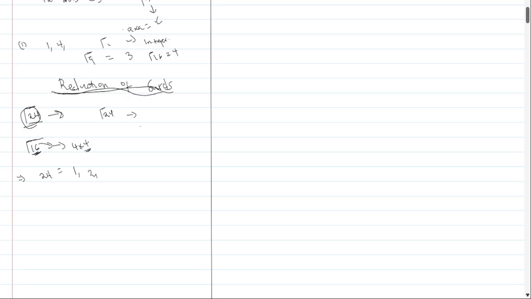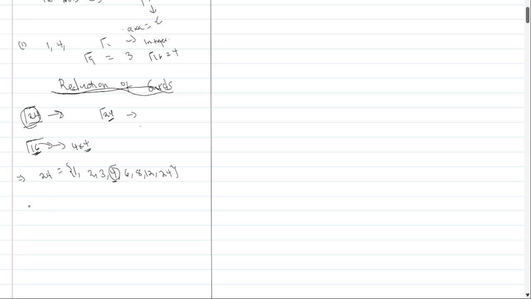We have 1, 2, 3, 4, 6, 8, 12, and 24. You ask yourself, do the factors of 24 include any perfect square? Yes, 4 is a perfect square. Hence, 24 is not in its basic form. Good. I hope to keep this video short. In the next video, we will take our time to go through the reduction of surds.